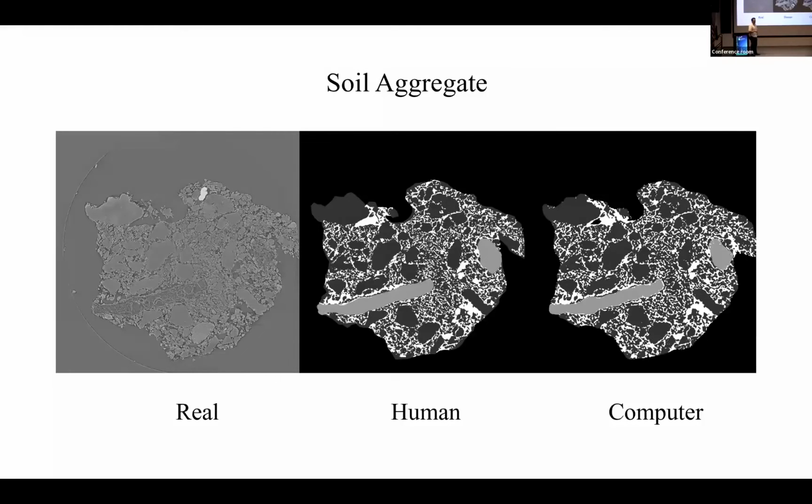So now I'm going to go into the results that we get out of this. Here's a soil aggregate that I annotated. You saw this earlier. This is actually from the test image set, so the model was not trained on this image and this hand-annotated mask. And here's the computer's output.